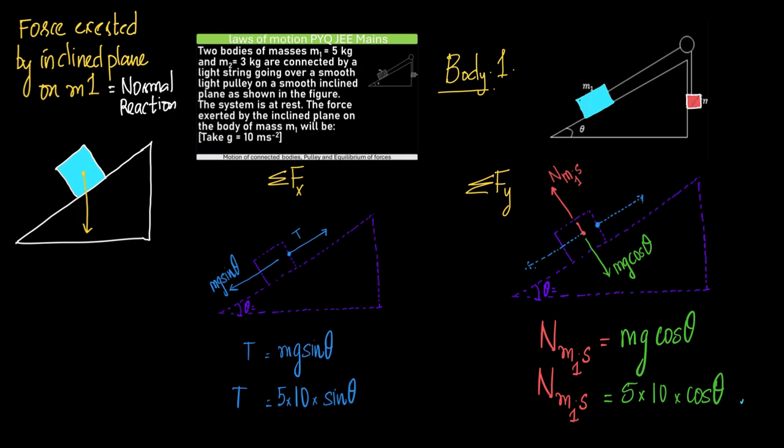If this arrow represents the weight, it can be resolved into two different vectors. One which is like this, and the other vector which comes like this.